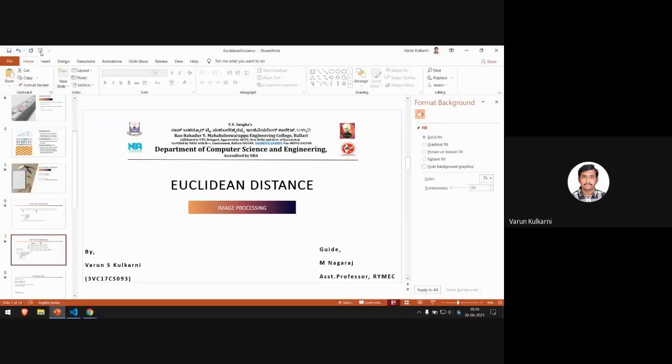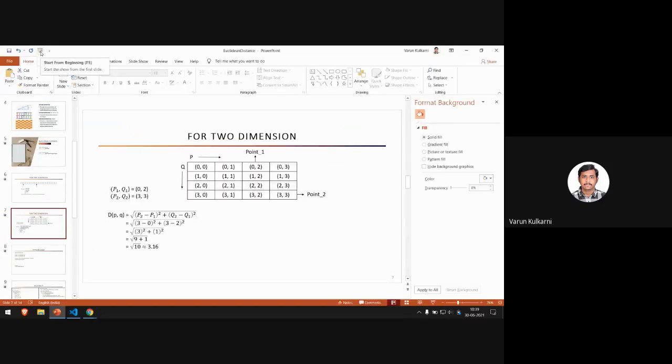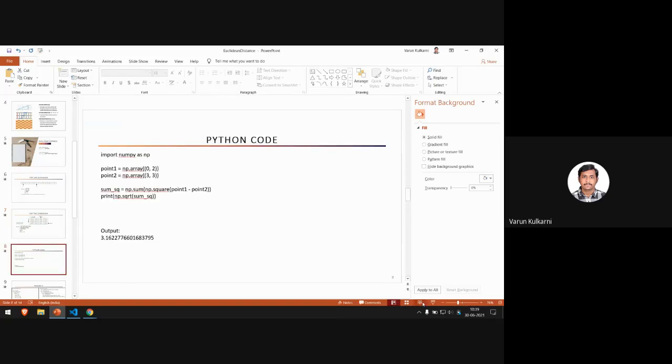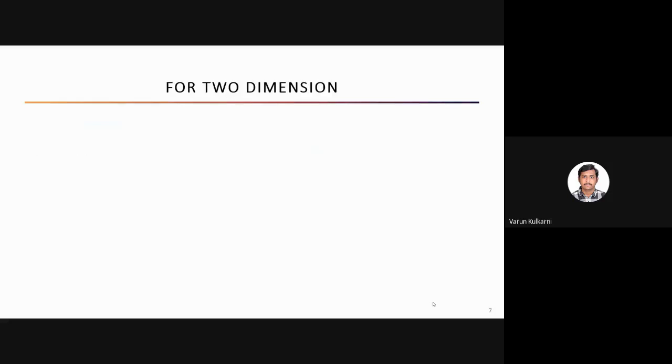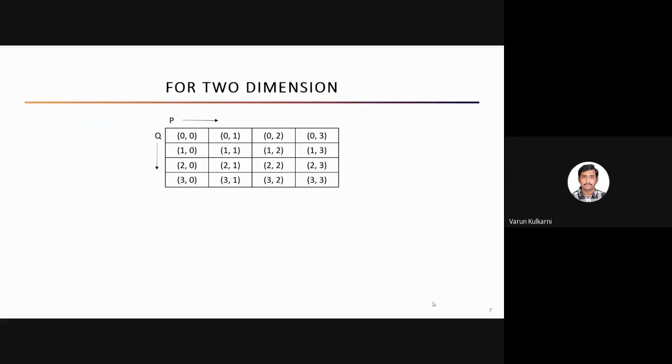So we can code this also as an example. We have a standard formula, so we can implement the formula in any language. As of now I have taken the example of Python. I'm importing NumPy, and I have taken 2 points as 0 2 and 3 comma 3, same as the previous example.